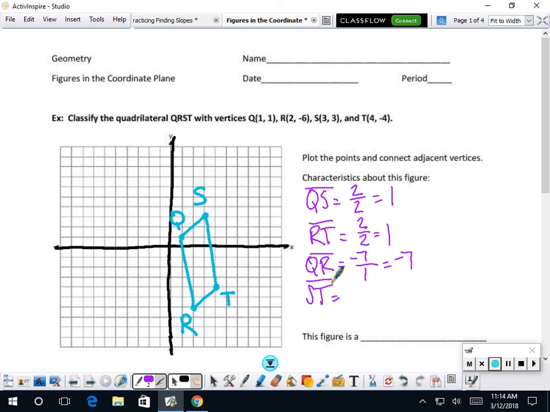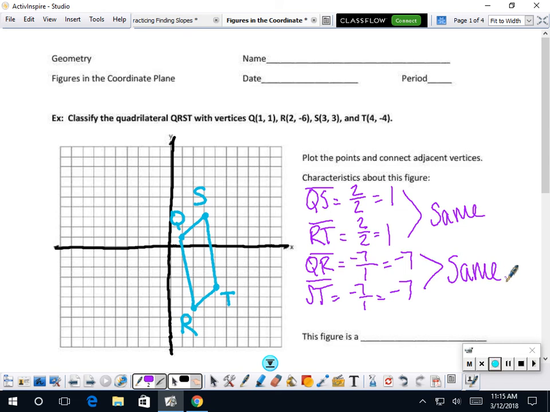All right, so from S to T again, I'm going to go down. 1, 2, 3, 4, 5, 6, 7, so negative 7. And then I'm going to run 1. So negative 7 over 1, we said reduces to negative 7. Okay. So QS and RT had the same slope. And QR and ST had the same slope.